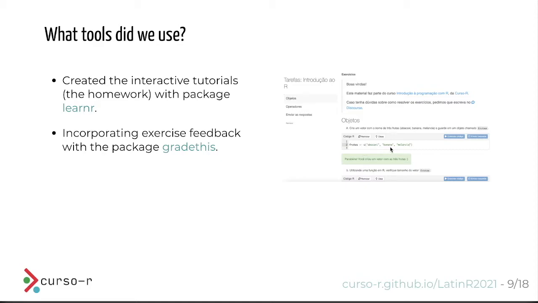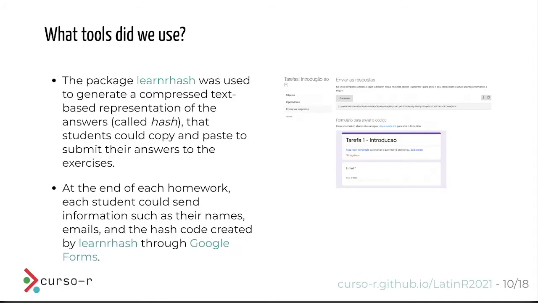There are spaces where people can interact with our code, and if someone clicks this button, gradethis will give a feedback for each exercise. We also used the package learnrhash to generate text-based representations of the answers, which is called by the authors of the package a hash, and the students could copy and paste this hash in order to submit their answers to the exercises.